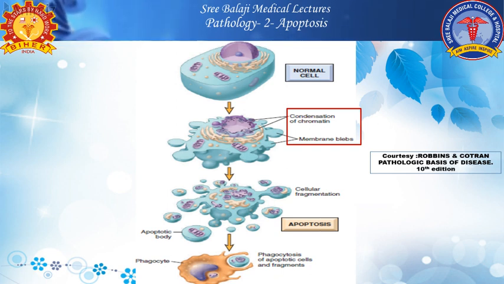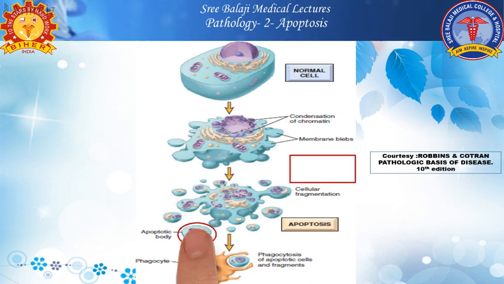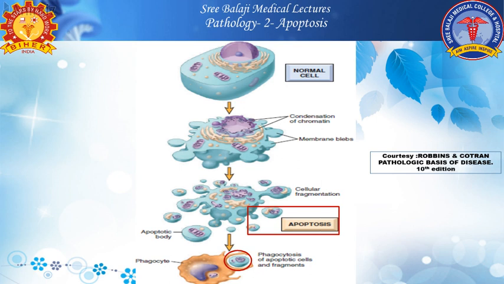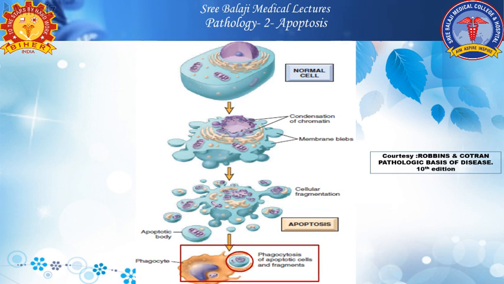This chromatin condensation takes place at a particular breakdown point. We will see it later. When the cells fall away, the adjacent cells engulf or phagocytose these apoptotic bodies.